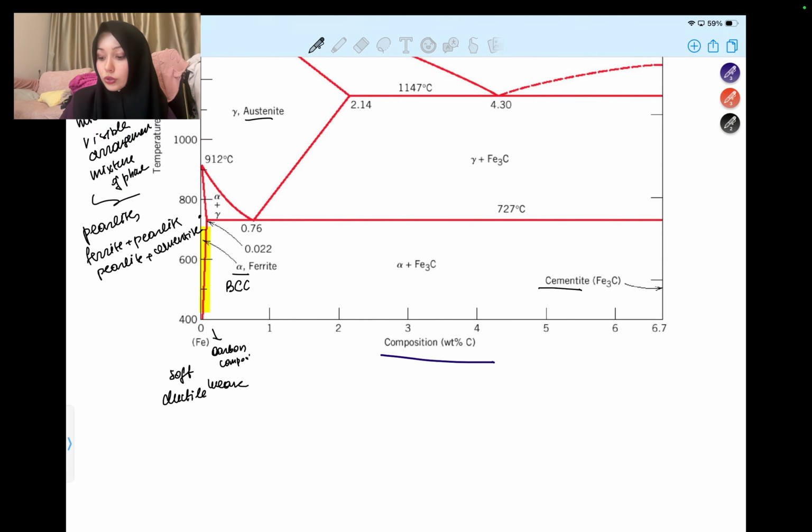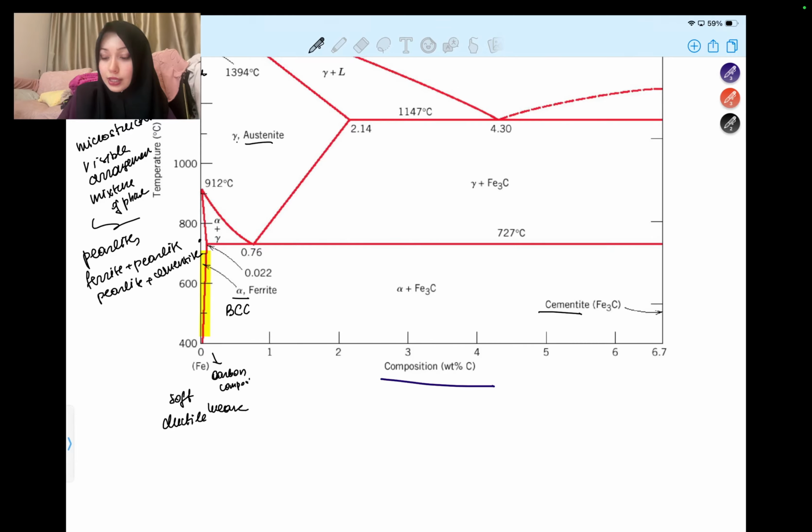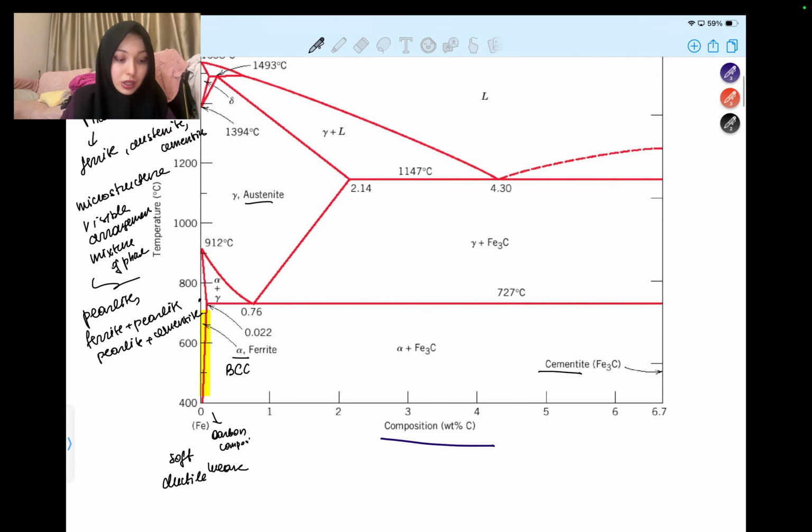Next, we are going to talk about austenite, which we have here. Austenite is FCC iron with more carbon dissolved inside relative to ferrite. As you can see from the temperature range, it exists at high temperature.